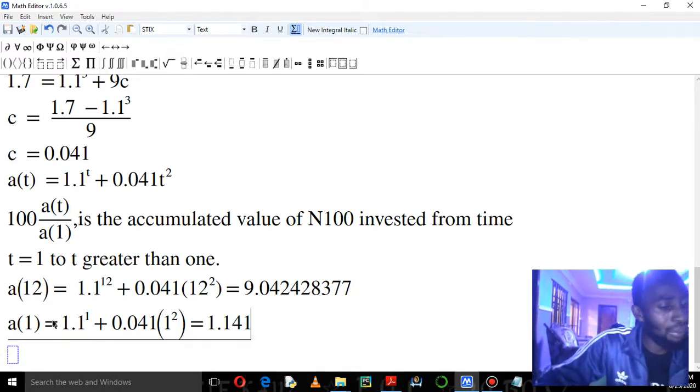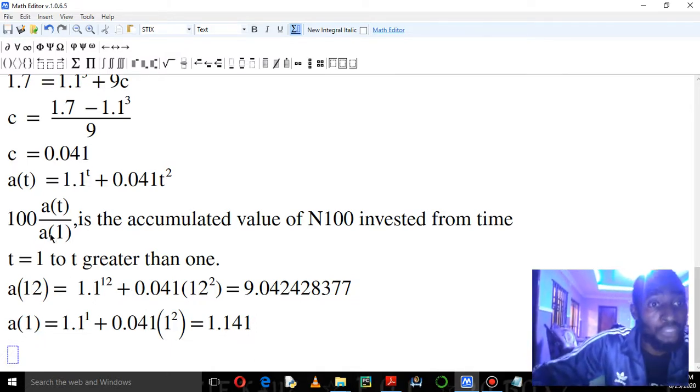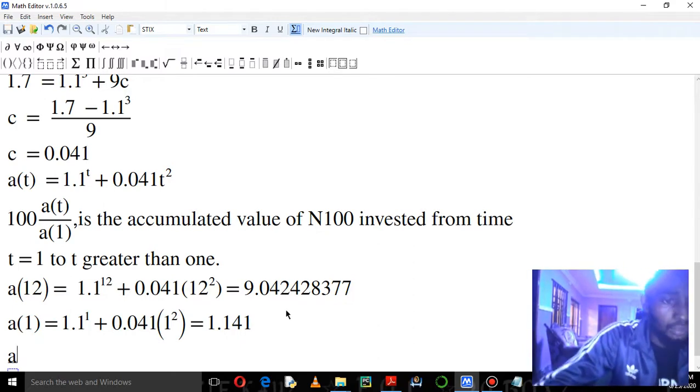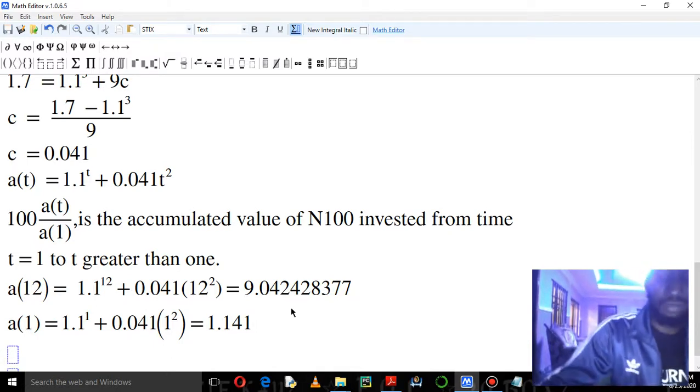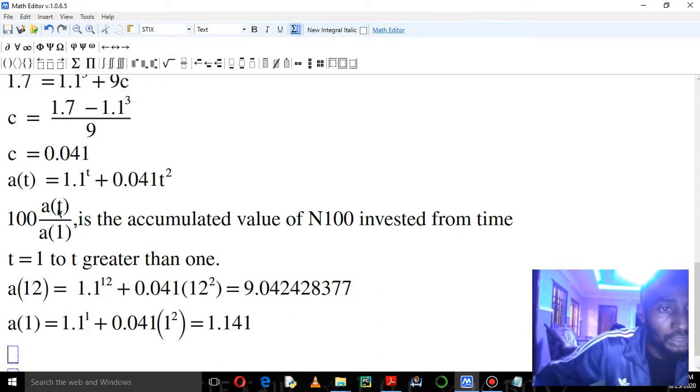Now to get our accumulated value using this formula, just substitute. This is what will give you the accumulation value.